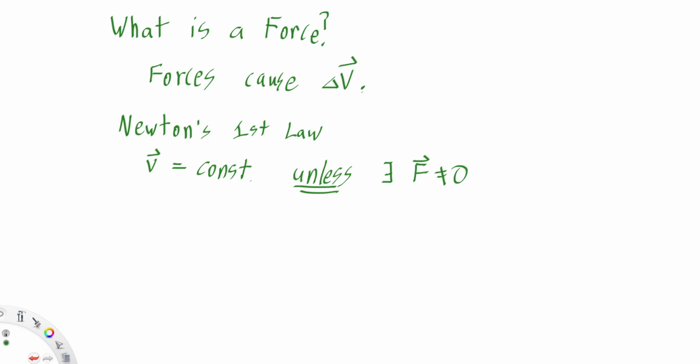So things move on their same path at their same speed forever unless something stops them. And that something, we're going to call a force. Do we have any questions or comments on just this definition, this beginning discussion?